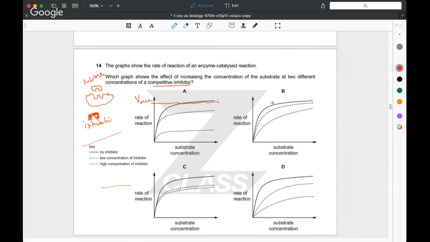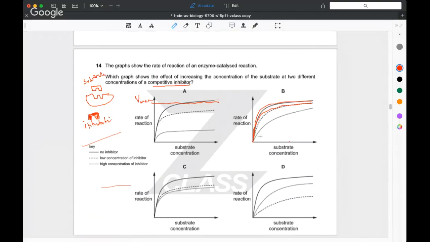And so this is looking like the expected graph here, because that's the graph for the substrate on its own, tending towards Vmax. Now, when you put the competitive inhibitor in, initially at low concentrations of substrate, it reduces the rate of reaction. But as you increase the substrate concentration, the inhibitor has less and less impact, because it's getting crowded out, so to speak, by the increasing concentration of the substrate. And so eventually you tend towards Vmax again, because the inhibitor is crowded out by the substrate concentration.